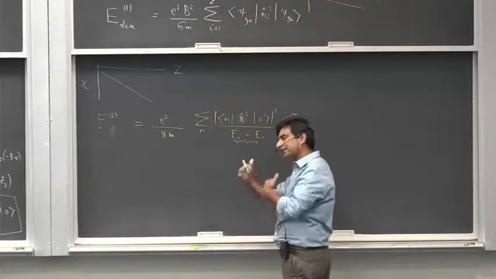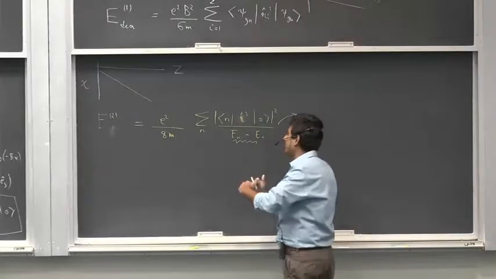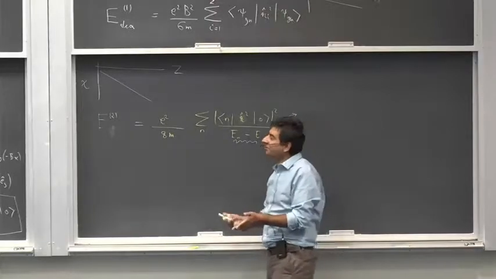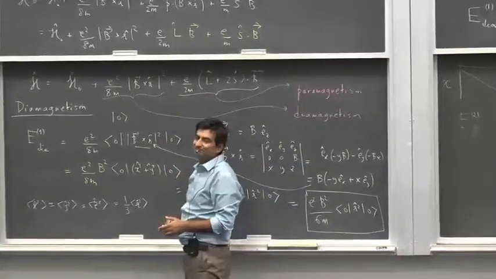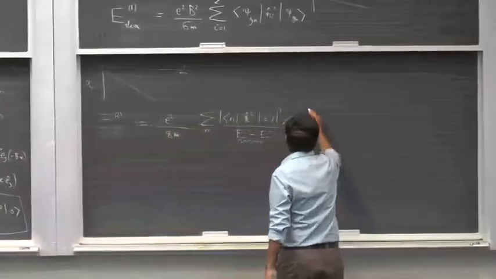If En is almost the same as the ground state, which means that the gap between the excited states and the ground state is small, then this term might become significant. This kind of paramagnetism, which does not result from a term of this kind, but which results from a term of this kind, is called Van Vleck paramagnetism.